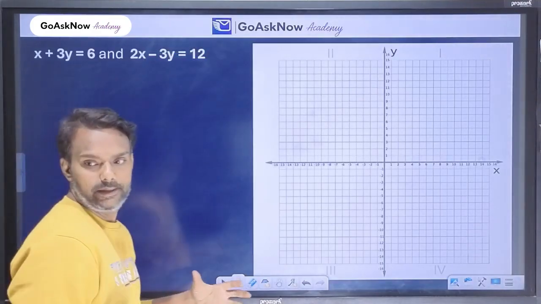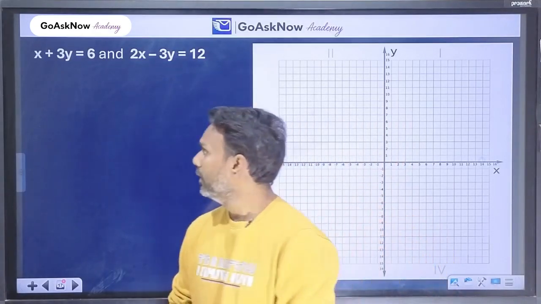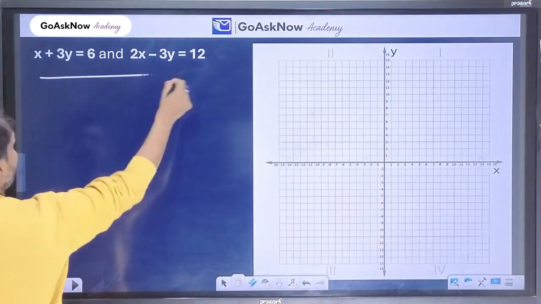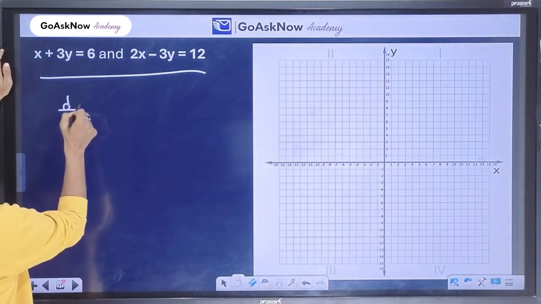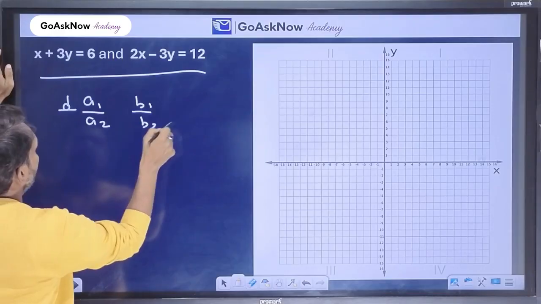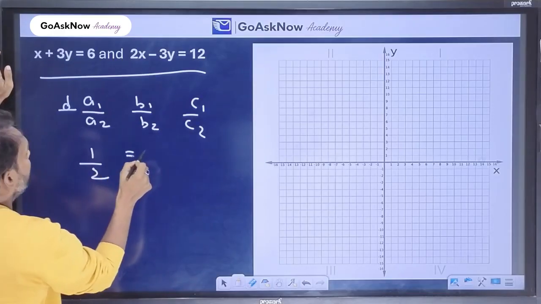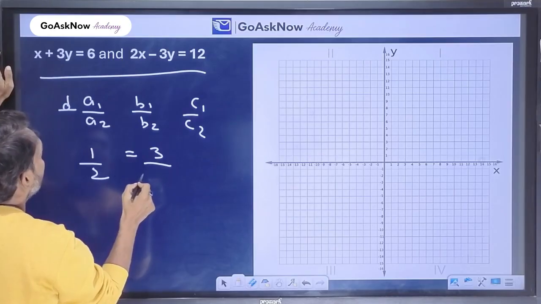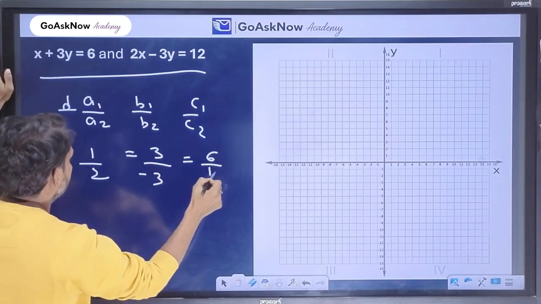Now let's integrate both of them, algebraically and graphically. For the given two equations, we see a1 upon a2, b1 upon b2 and c1 upon c2: 1 upon 2, 3 upon minus 3 and 6 upon 12.